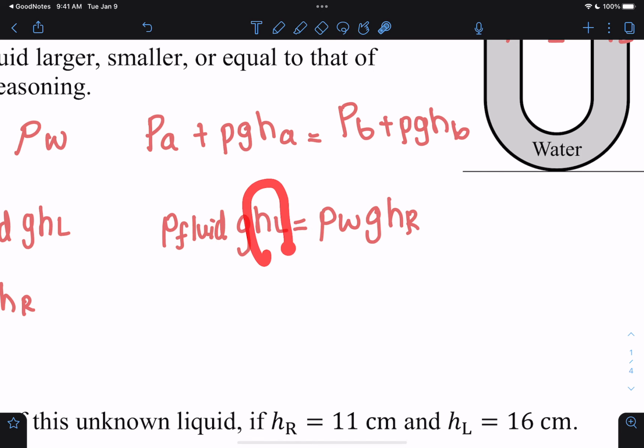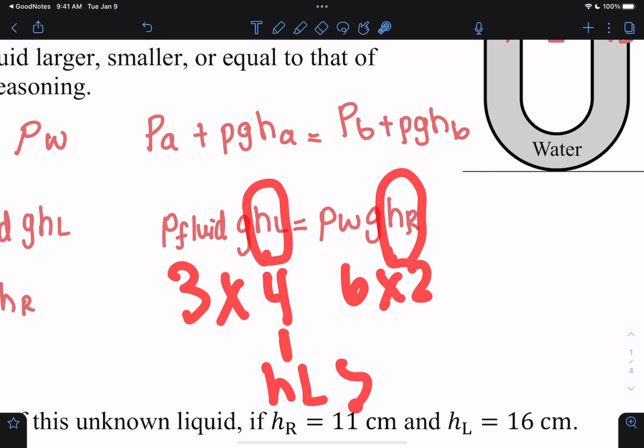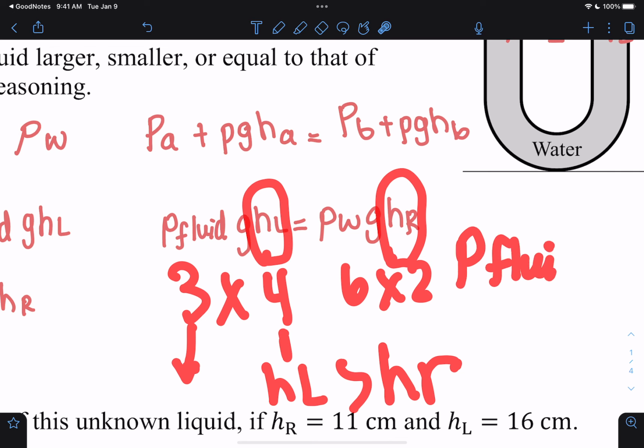If I have a larger height over here and a smaller height over there, 6 times 2 versus 3 times 4, you can see that the height HL is greater than the height HR. And so thus, the density of the fluid should be smaller than the density of the water.